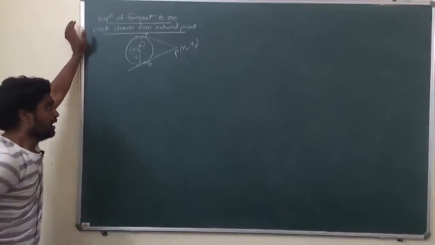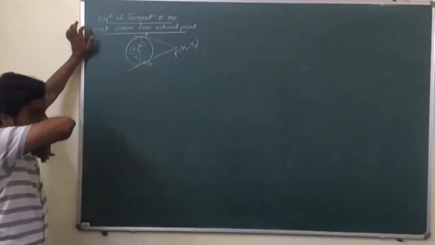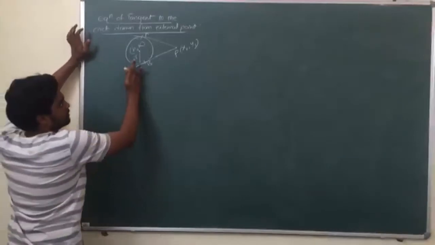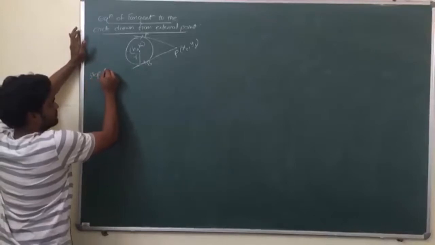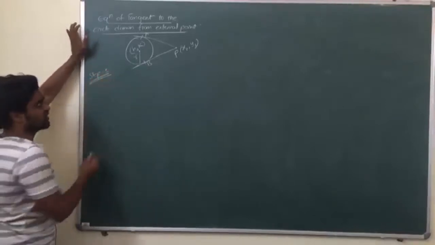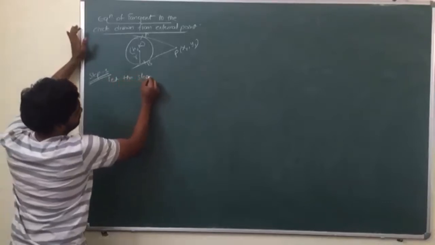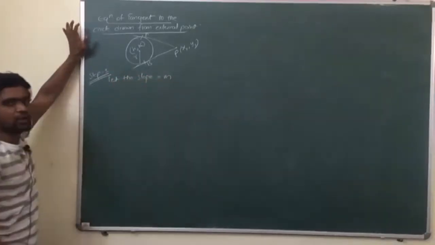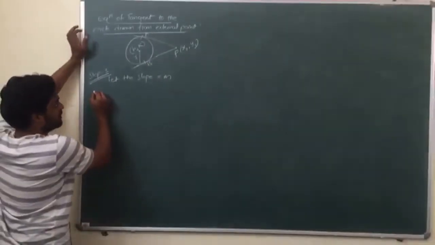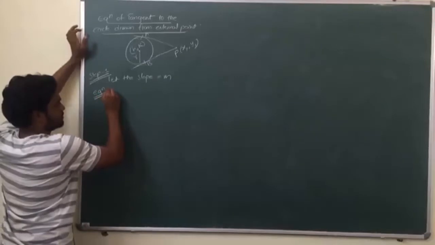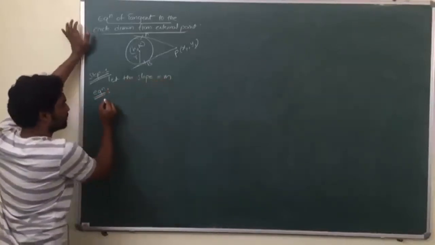Okay. Sorry, what are we discussing? Equation of tangent. So to find the equation of tangent, first step is let the slope be m. I have assumed the slope to be m.